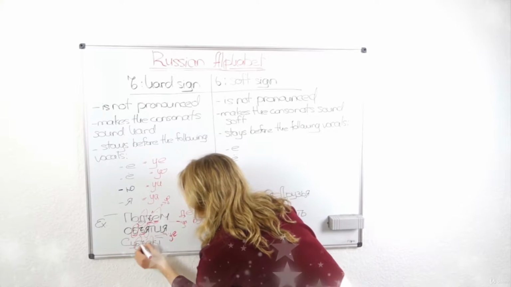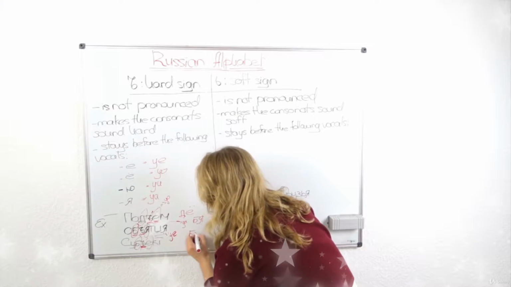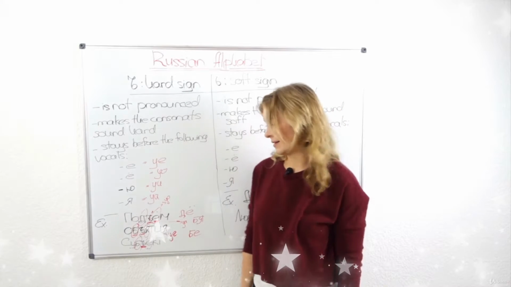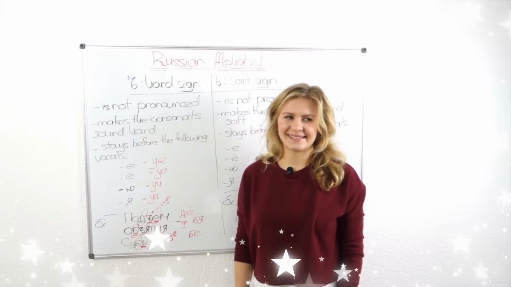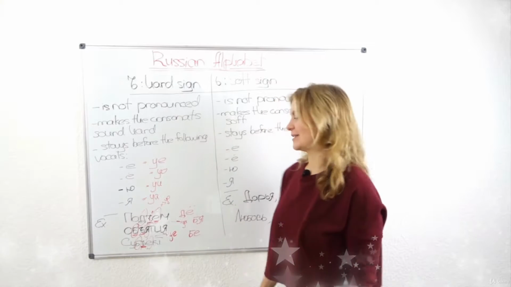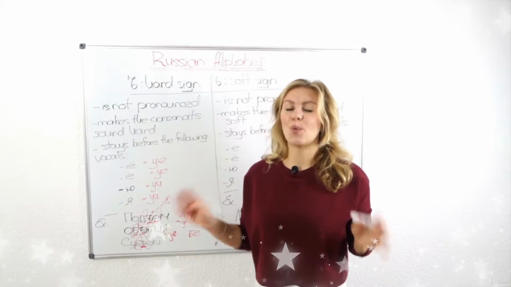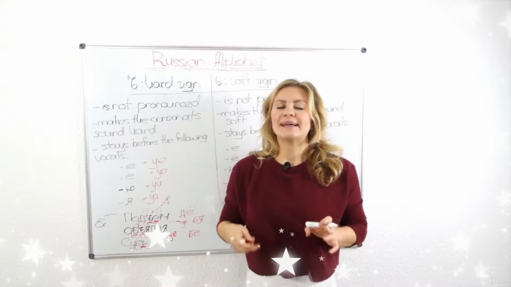Otherwise, if this letter wasn't here, we would have letter b and ye together, and then it would sound strange. No one says this. So I hope you understand that is the reason why we are using the hard sign, твердый знак.